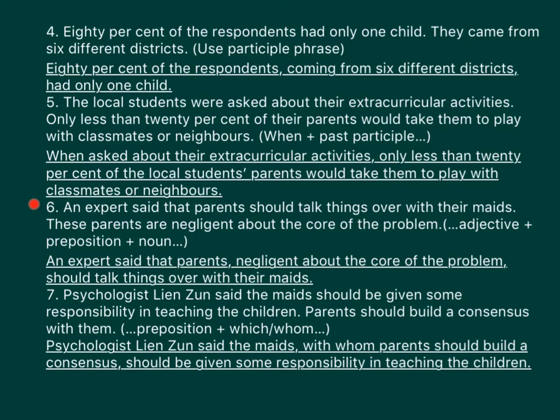An expert said that parents should talk things over with their maids. These parents are negligent about the core of the problem. An expert said that parents, negligent about the core of the problem, should talk things over with their maids.